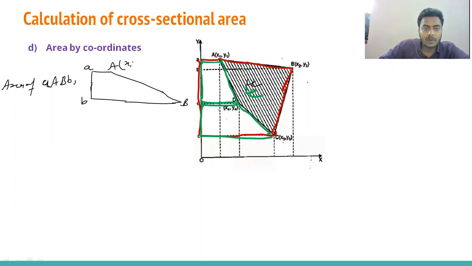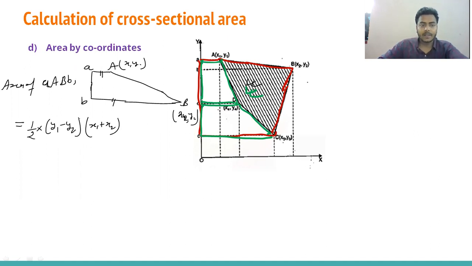Coordinate of A is x1, y1, B is x2, y2. Now we have to calculate the area of this. These lines are parallel, so we can write half into the height of these lines. The height will be y1 minus y2, into the summation of parallel sides, x1 plus x2. Am I right?